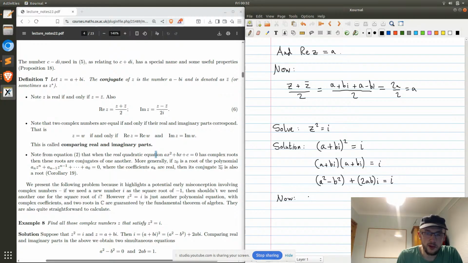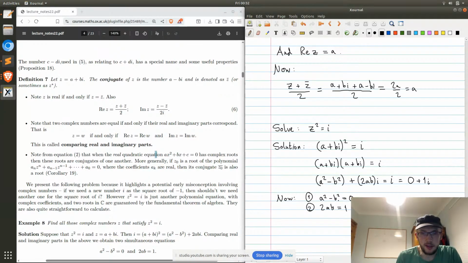What this tells us is that, first, a squared minus b squared has to equal 0. And second, that 2ab has to equal 1. So we're just comparing real parts and imaginary parts, because don't forget this i here is just 0 plus 1i.